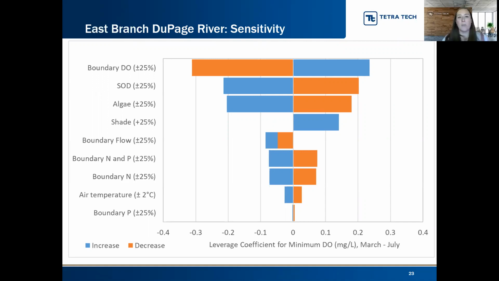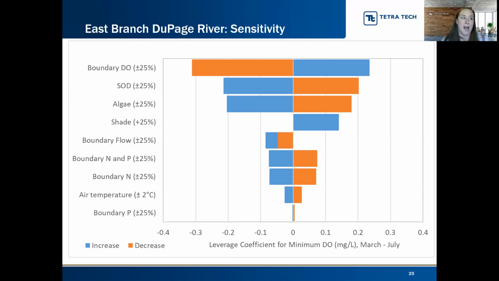So for model output for minimum dissolved oxygen, what seems to have the biggest impact on changing that? As an example, if we changed what we see here at the top, the boundary condition dissolved oxygen, by 25%, so every tributary that's coming in has its dissolved oxygen increased or decreased by 25%, that has the largest relative impact change on the minimum DO.